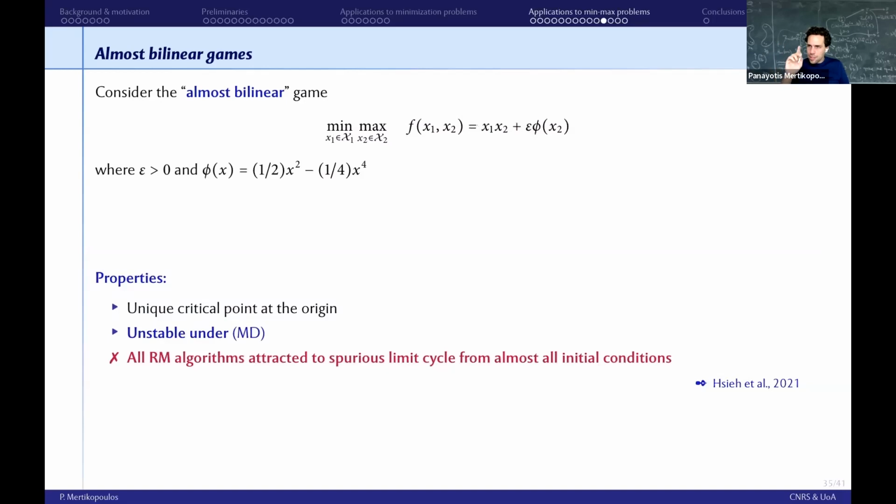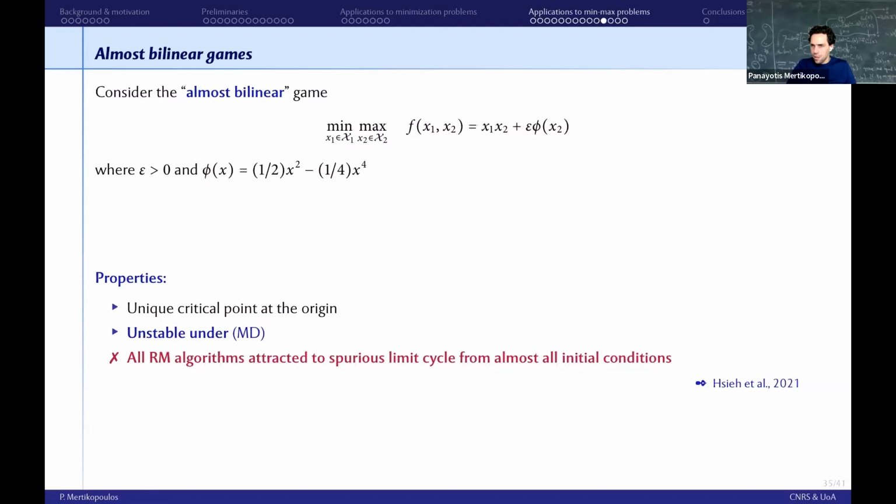And what you can do is simply perturb the function of only the second player, the max player. And you perturb it by a very small amount with a very simple polynomial function.